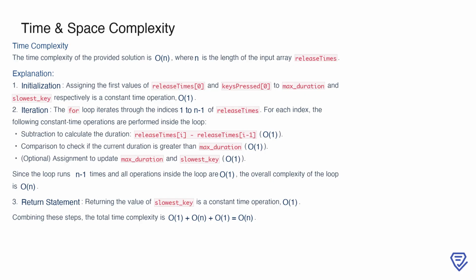Since the loop runs n-1 times and each operation inside it is O(1), the overall complexity of the loop is O(n). Finally, the return statement, which simply returns the value of slowest_key, is another O(1) operation. When we combine these steps, O(1) for initialization, O(n) for the loop, and O(1) for the return, we arrive at a total time complexity of O(n).